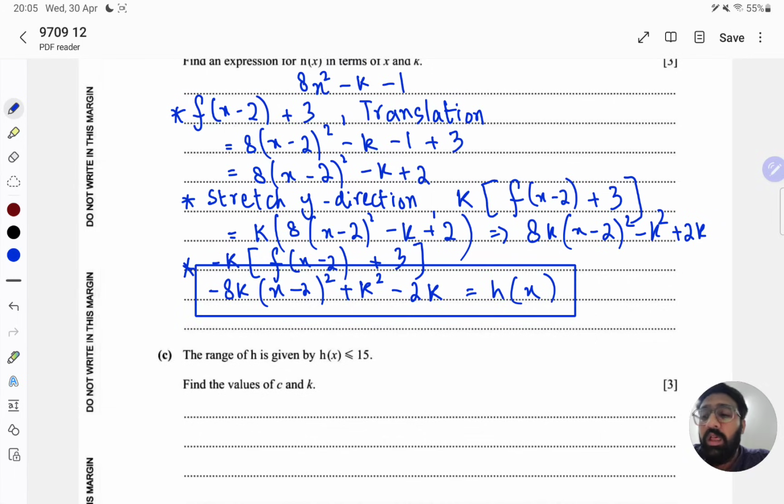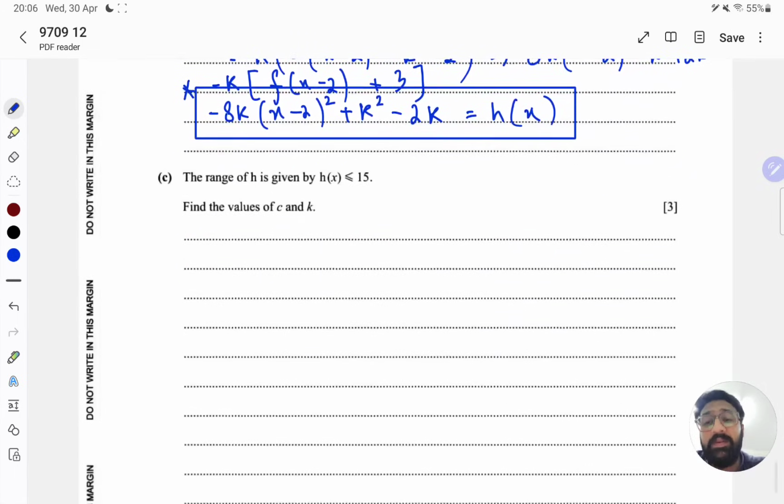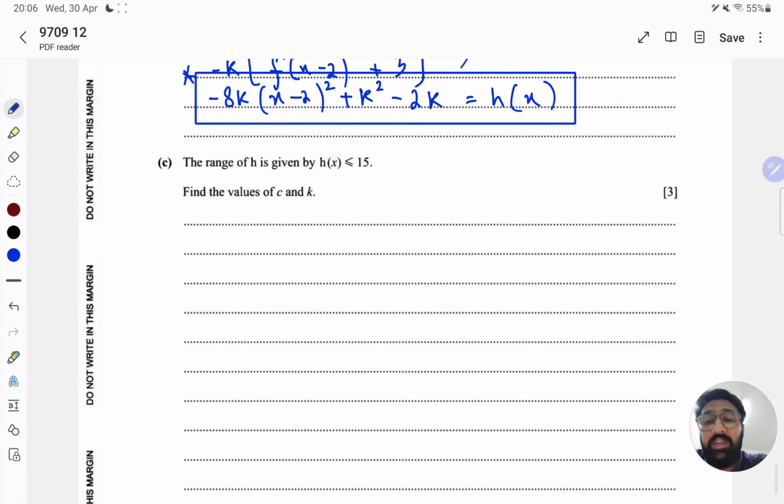Okay, the next part is the range of h, given by h(x) less than 15.